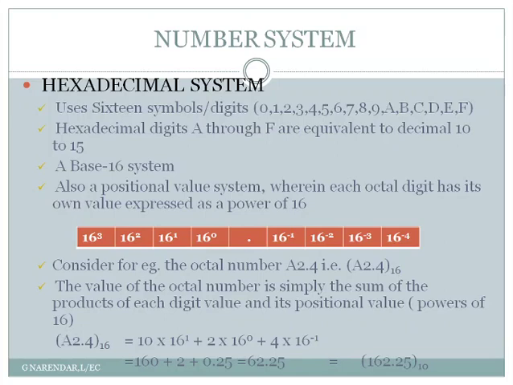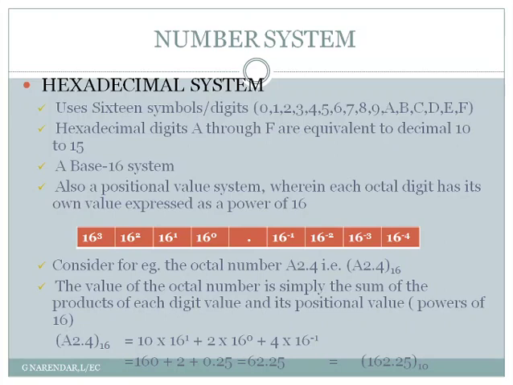Here you can see that the values of the first 10 symbols, 0 to 9, will be 0, 1, 2, 3, 4, 5, 6, 7, 8, 9, and for the next 6 symbols the values will be 10, 11, 12, 13, 14, 15.